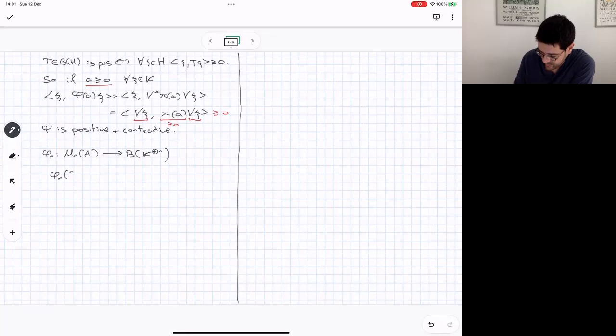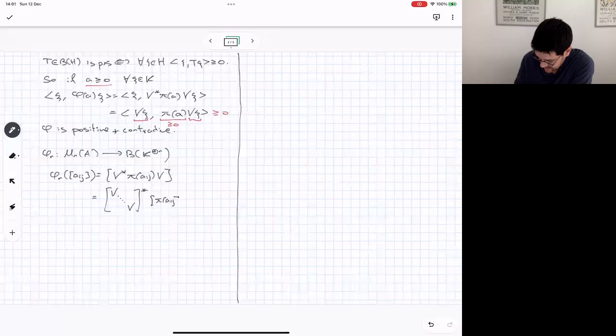Phi n of A_ij is V star pi A_ij V, which is like many V's star, pi A_ij, many V's without star. So it is nothing but V to the n star, pi n of A_ij, V to the n.